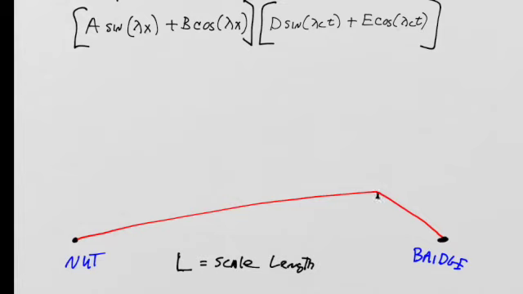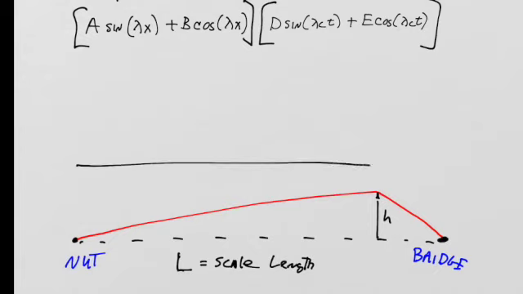Your pick is holding up the string, and that displacement is a distance h from equilibrium, and the string itself falls into a straight line up to this point and then a straight line down. The other thing we need to know is how far from the nut we execute the picking motion. That distance, from the nut to the place you pick, we're going to call P.